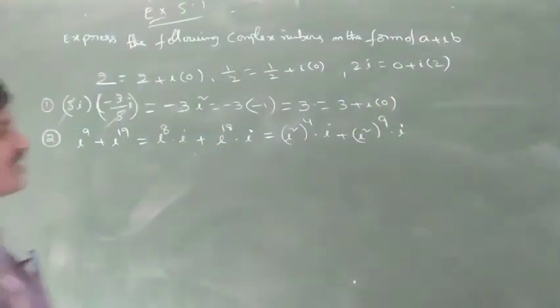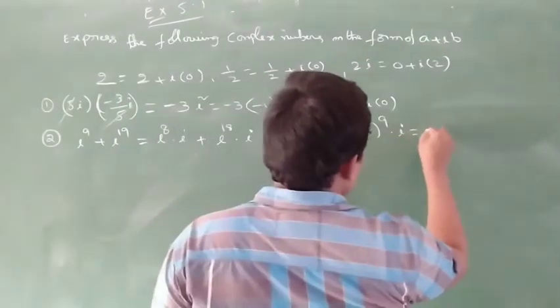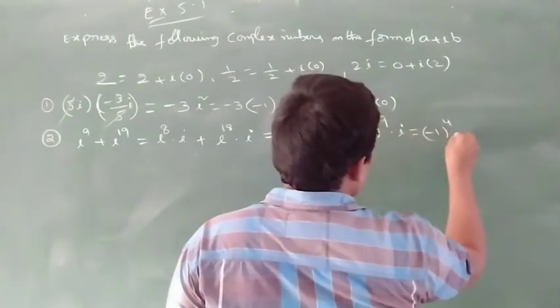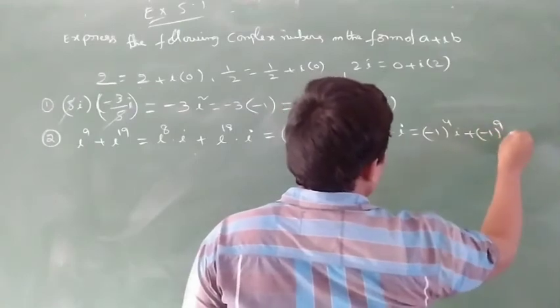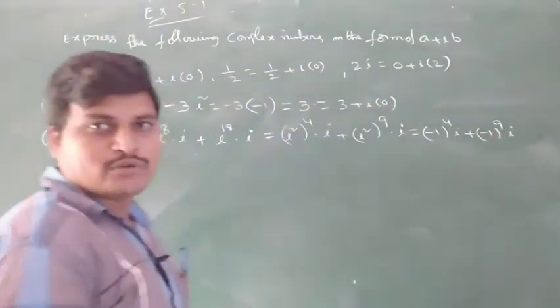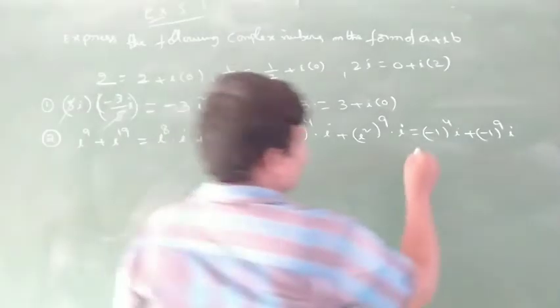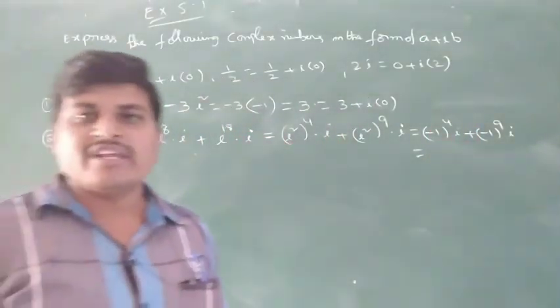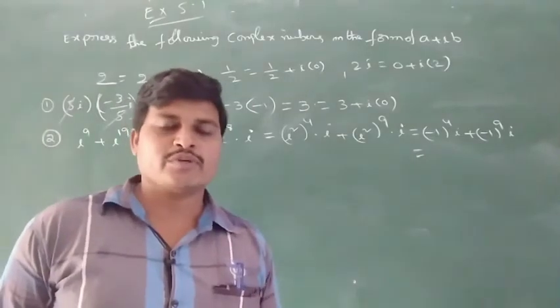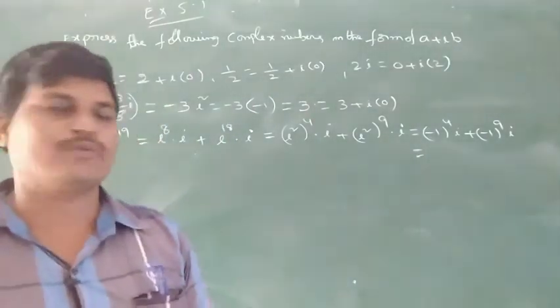The value of i square is minus 1, so minus 1 whole power 4 into i plus minus 1 whole power 9 into i. Minus 1 to an even power is equal to 1, and minus 1 to an odd power is equal to minus 1.